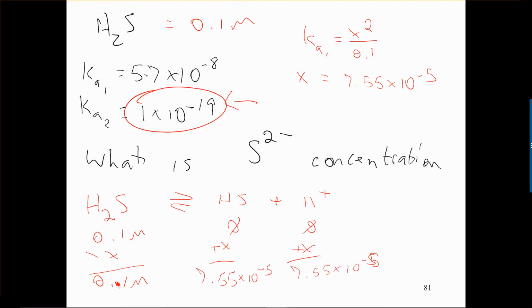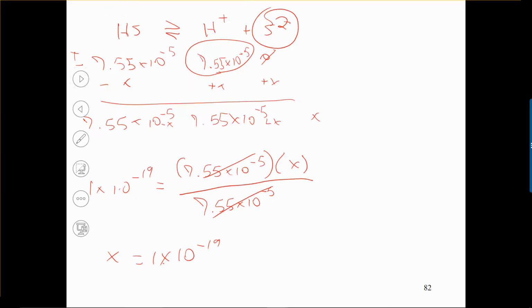So if they're asking for the ion concentration of a diprotic acid, of S2 minus or whatever it is, SO4 2 minus if it was sulfuric acid. What was the X for K2? X equals the Ka2. So it's always like that.